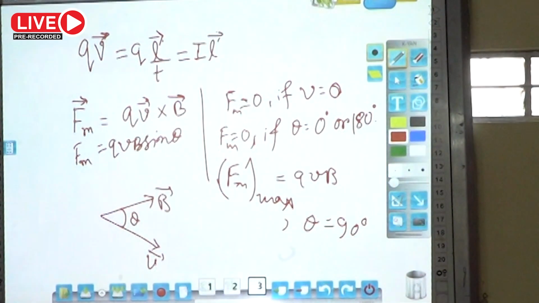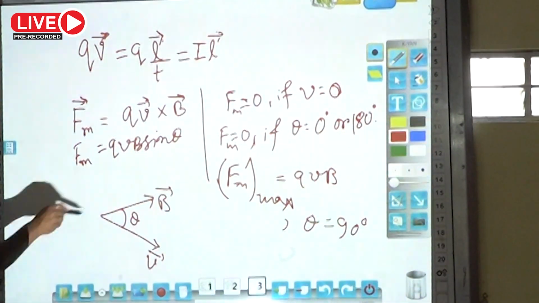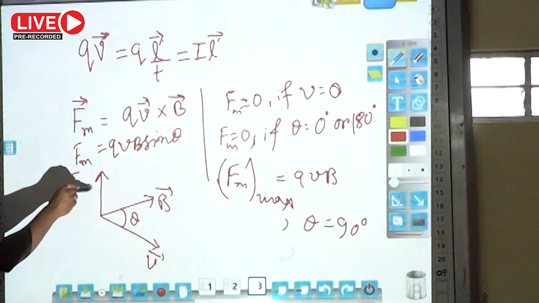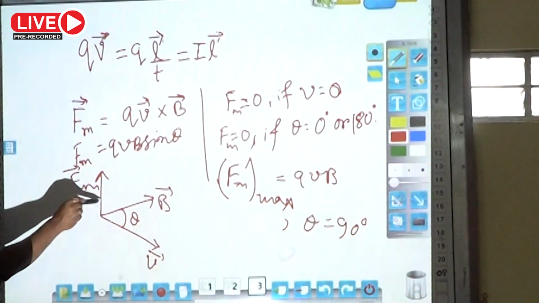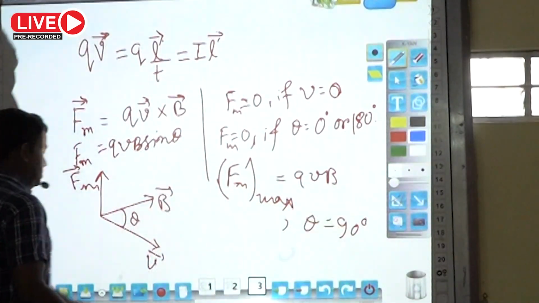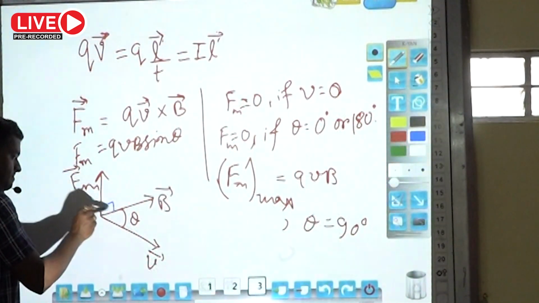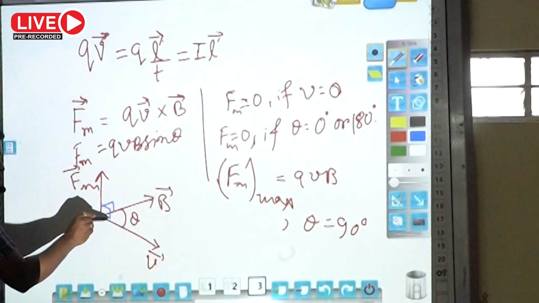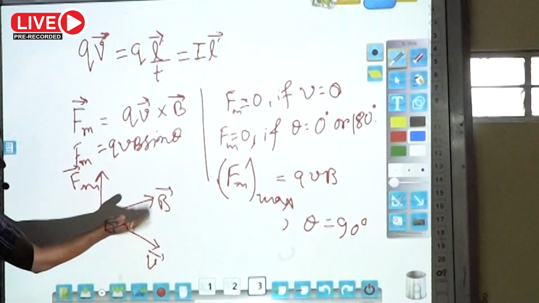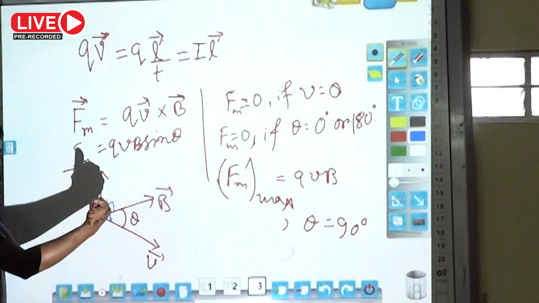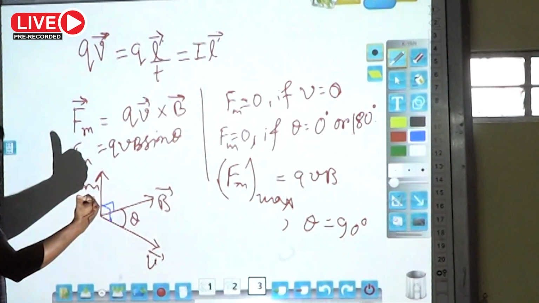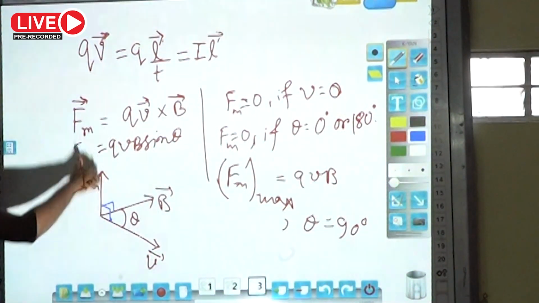Okay. Now what is the direction of this force? Defined by the cross product. So it is perpendicular to both v and B. If you remember this cross product, v cross B will show a direction according to the right hand thumb rule. It is showing a direction out of the board. So in this case, I draw it upward.